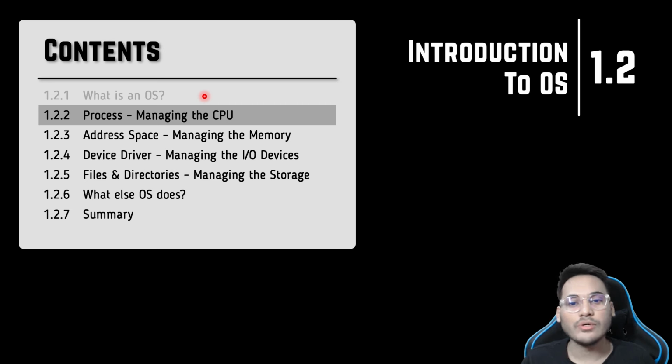Now we are going to take each of the individual hardware components, that is the CPU, memory, IO devices, and storage devices, talk about each individually, and see how the operating system manages them and makes them easy and efficient to use. Let us start with the most fundamental hardware resource, the CPU, and see how the operating system manages it. So let's get started.